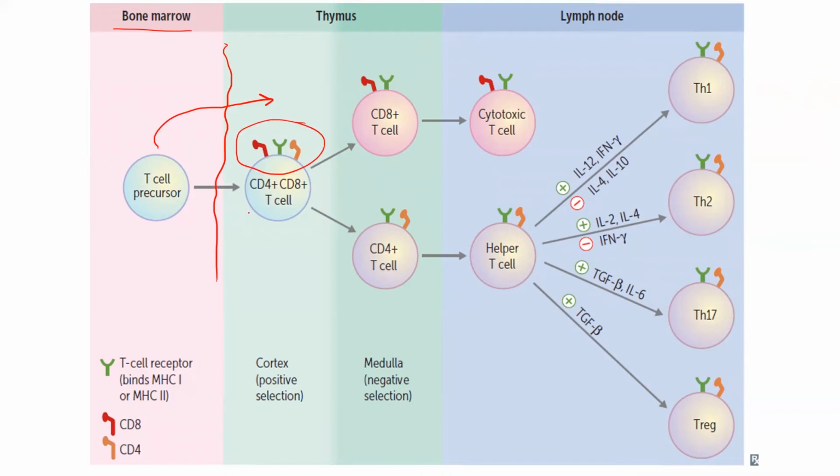And this is called a double positive. A double positive cell means we have both CD8 and CD4. So if I had a T cell precursor or a pre-T cell cancer, the differentiating factor would be that I'd be naive of all of those receptors. I'm missing them, absent. I would not have my markers for it.